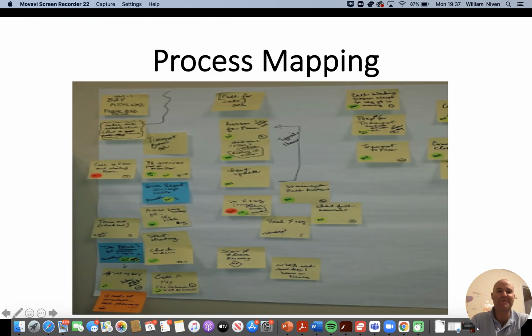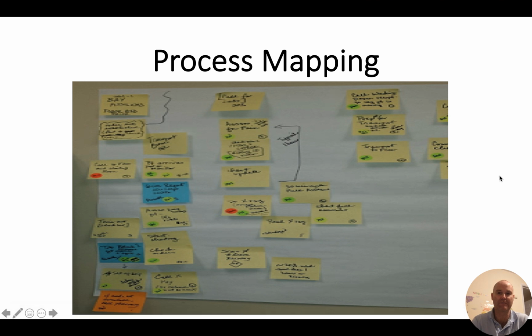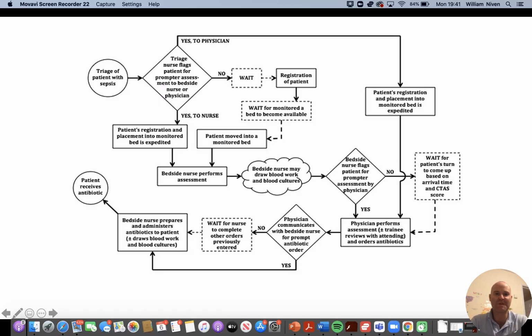The next thing I want to cover is process mapping. Process mapping can be as simple as using sticky notes and putting them up on a whiteboard, in which you look at a process and each step of a process one by one, and then put it together into something that looks a little bit like this. Here is an example of a process map. In this particular process, we're talking about managing a patient with sepsis.